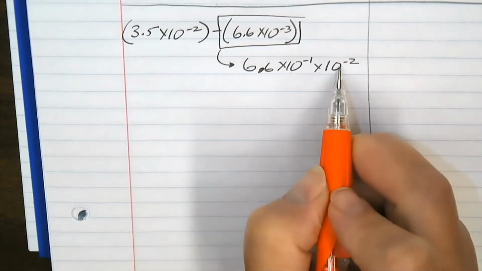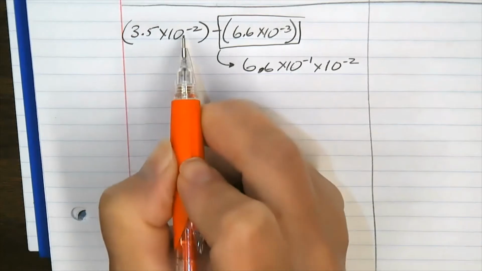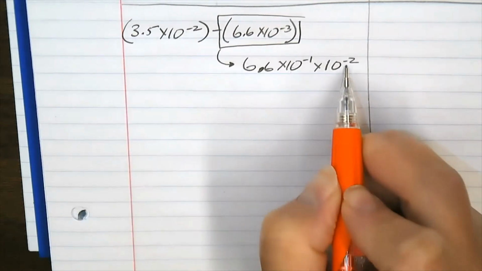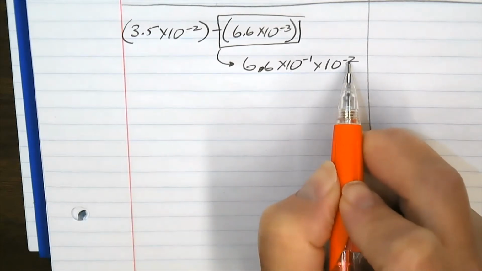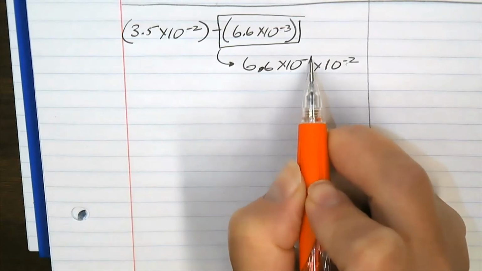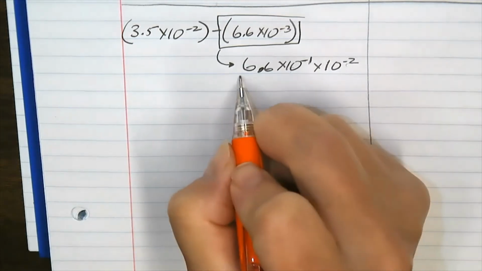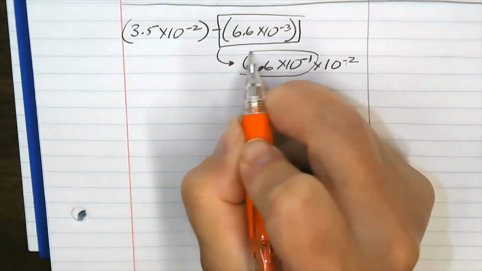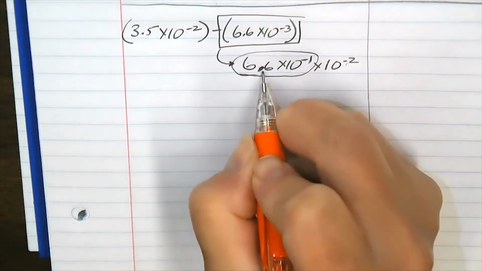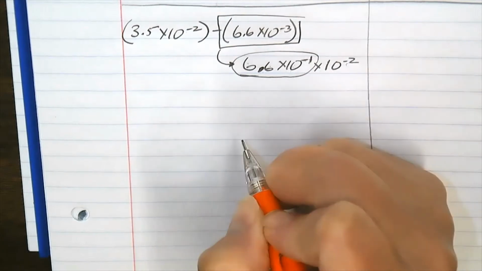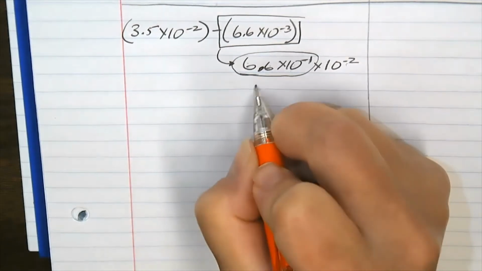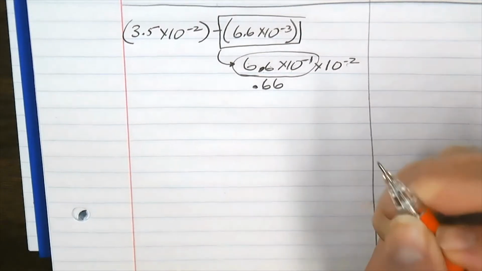Now I want to keep my negative 2. I want to get rid of this negative 1, and I can't just throw it out. So I'm going to rework it right here. 6.6 times 10 to the negative 1 is 0.66.